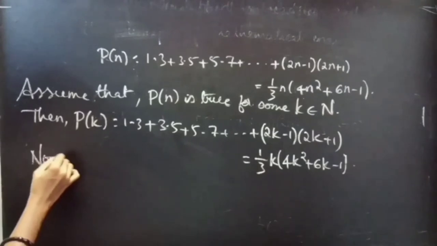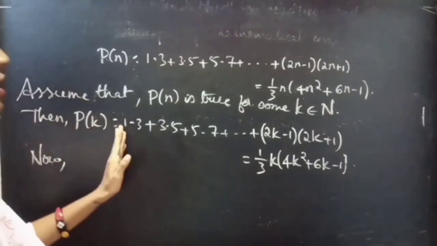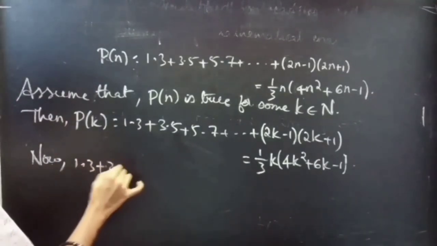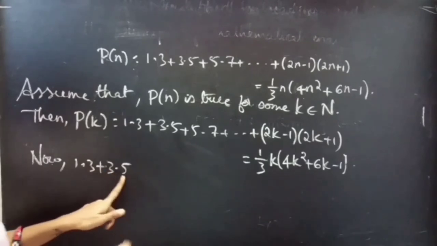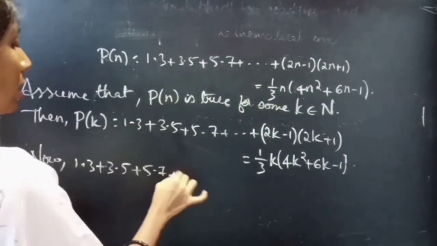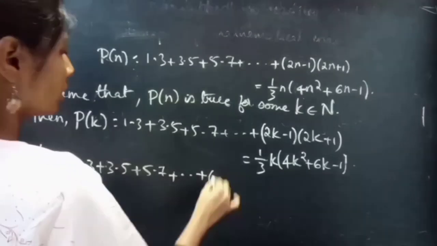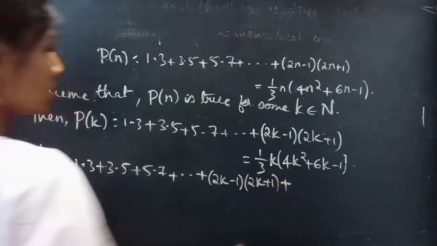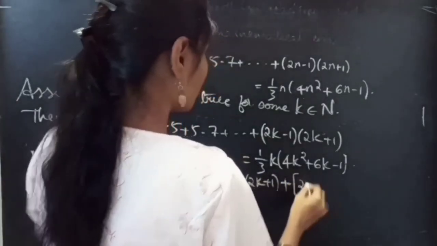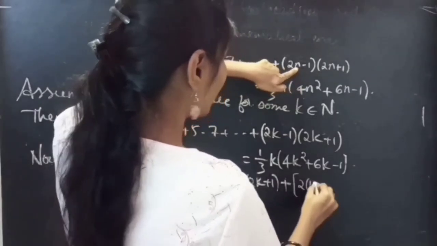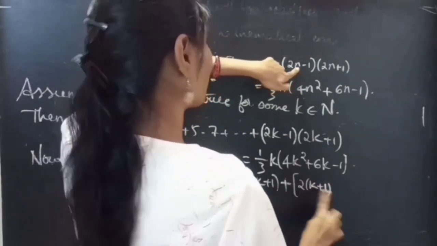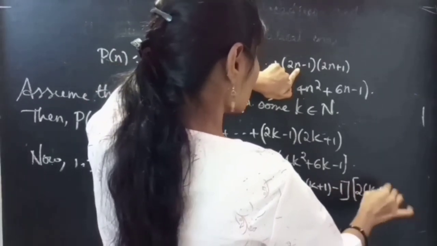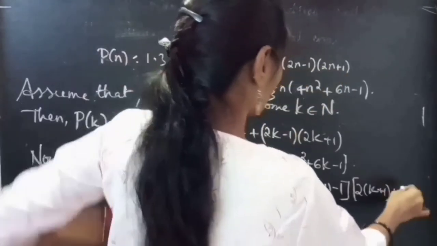Now, take the first k plus 1 terms: 1 into 3 plus 3 into 5 plus 5 into 7 plus so on, plus the kth term is 2k minus 1 into 2k plus 1, plus the k plus 1th term, simply substitute n equals k plus 1, then you'll get 2 of k plus 1 minus 1 into 2 of k plus 1 plus 1.